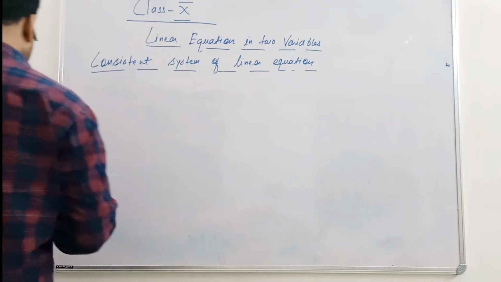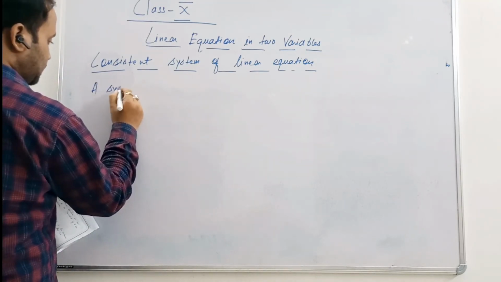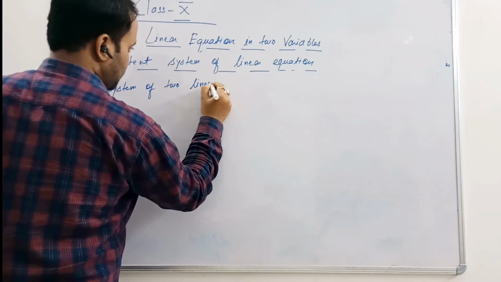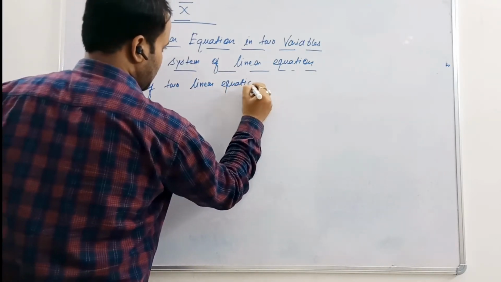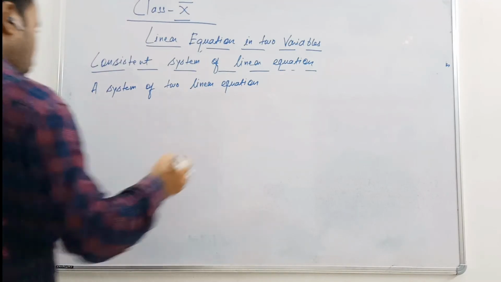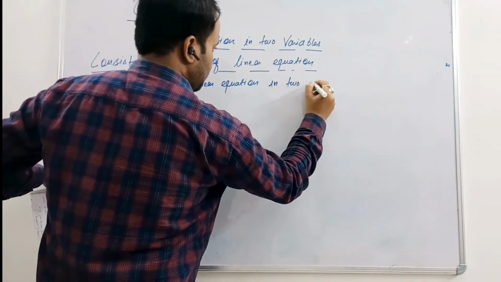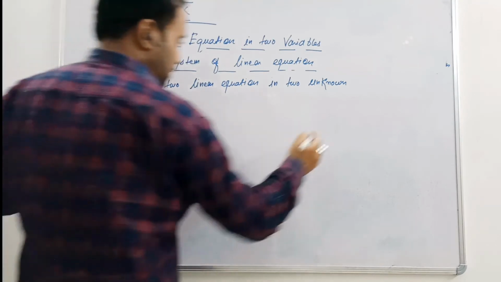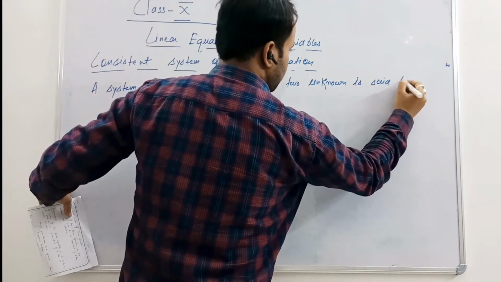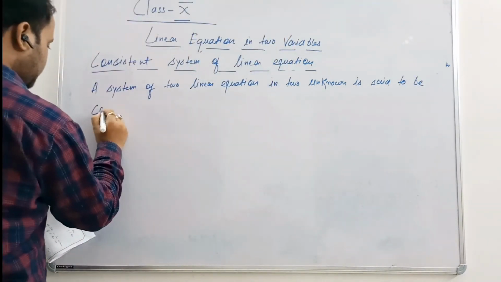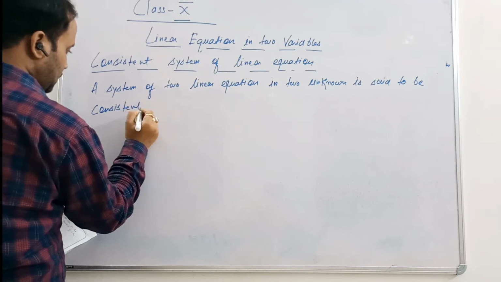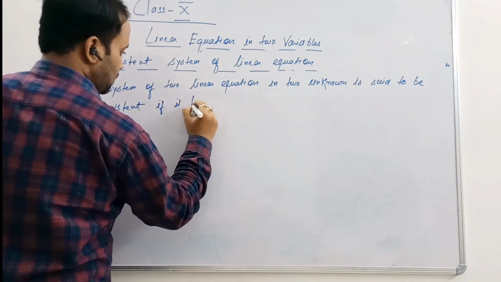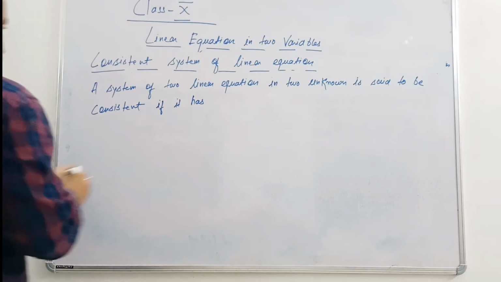A system of two linear equations in two unknowns is said to be consistent if it has at least one solution.